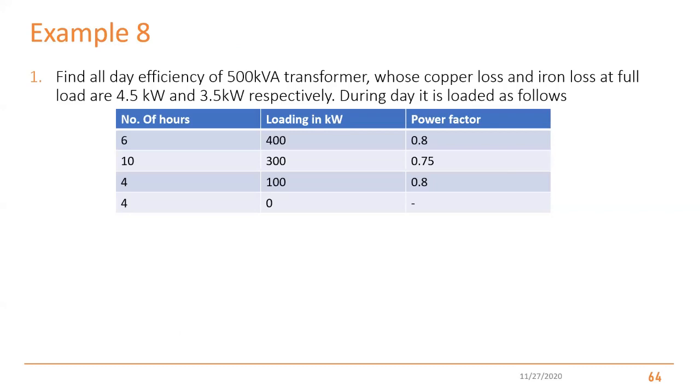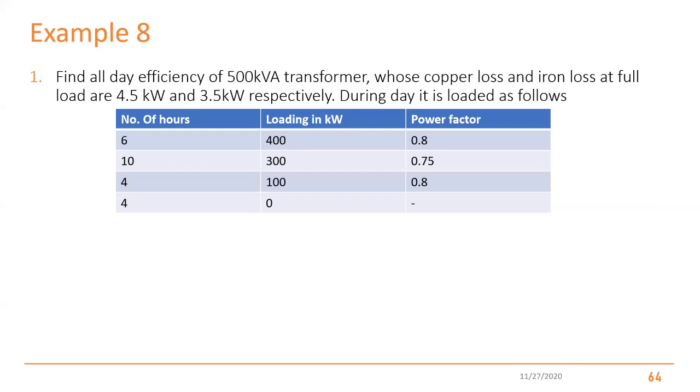For 6 hours, the load is 400 kilowatt with 0.8 power factor. Then 300 kilowatt for 10 hours with 0.75 power factor. Then another 4 hours with a loading of 100 kilowatt and 0.8 power factor, and for the other 4 hours the loading is 0, that means the transformer runs at no load condition.